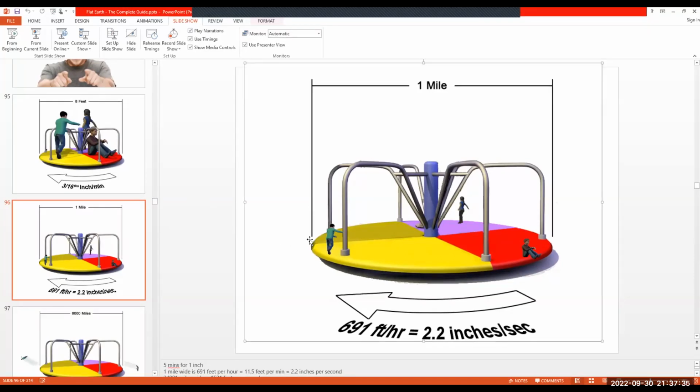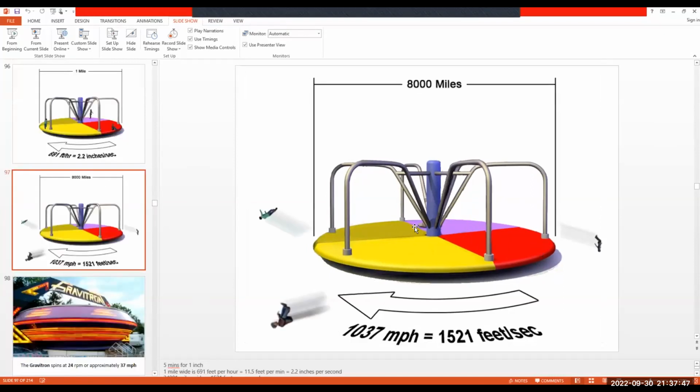Yes. Right. So if that merry-go-round was wide enough, if it was 8,000 miles wide, and he went to the outside, now it's going at 1,037 miles an hour, he won't be able to hang on. Is that right?